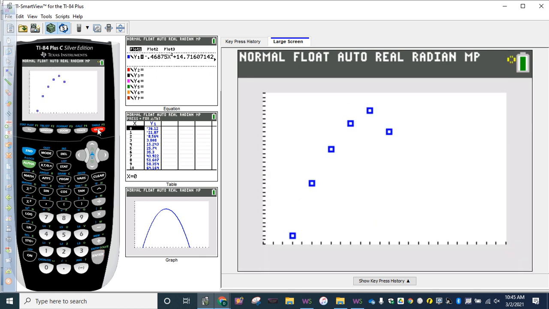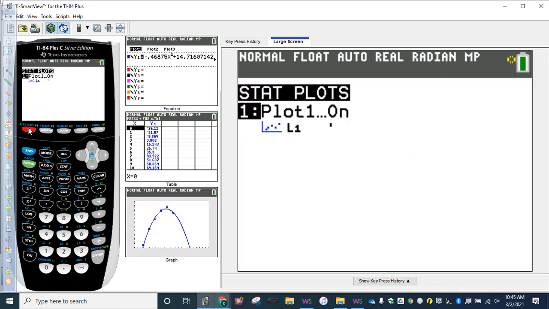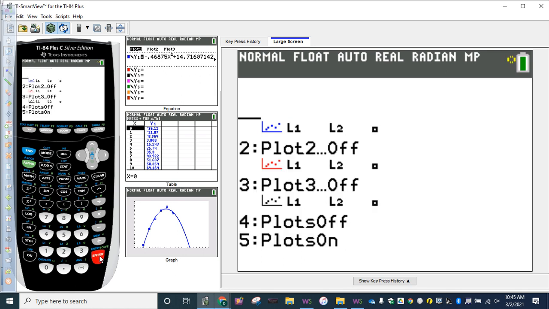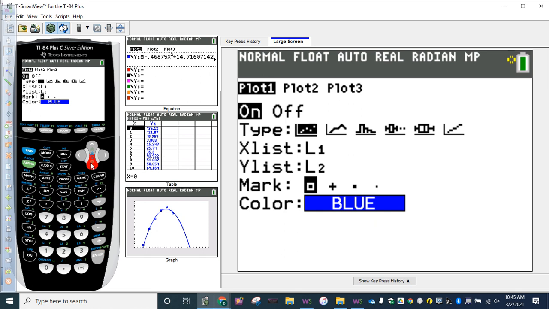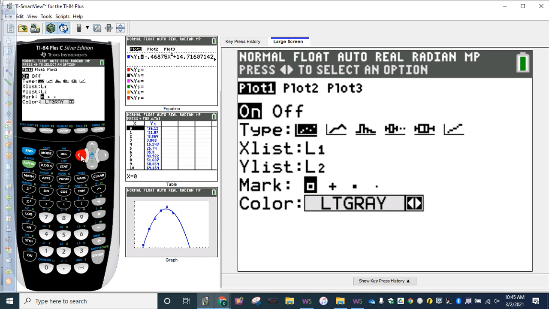Can I change the colors on mine? You can change the colors to any little thing you want. How did you get the colors? Second y equals. Make plot 1 on. Whoa! If you've got the color calculator and you want to change your little dot colors, you just go there and you can change them to anything you want.